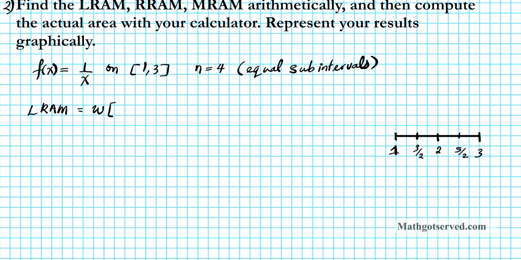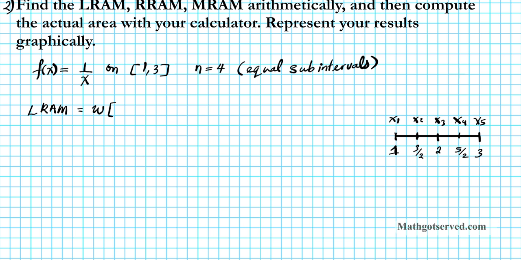So let's label all our calibrations: this is x1, x2, x3, x4, and x5. Now we're going to be picking x1, x2, x3, and x4 for our left rectangular approximation.